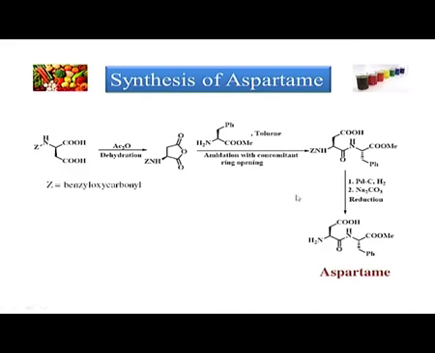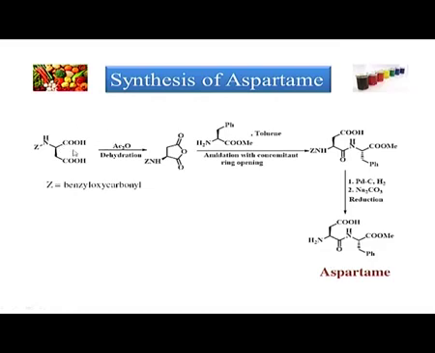Now, if you look at the synthesis of this molecule, as organic chemists, I think that should interest you. You have to combine those two amino acids, right. So, you begin your synthesis with aspartic acid, and the amino group of this aspartic acid is protected.